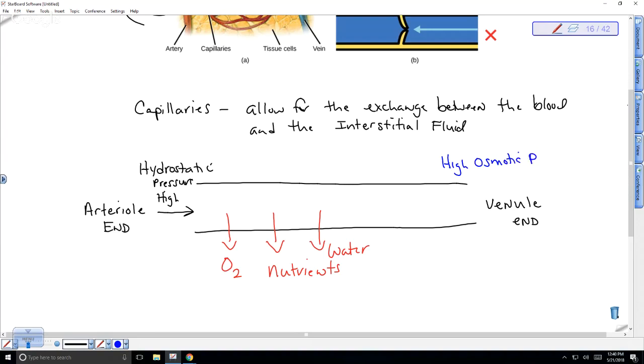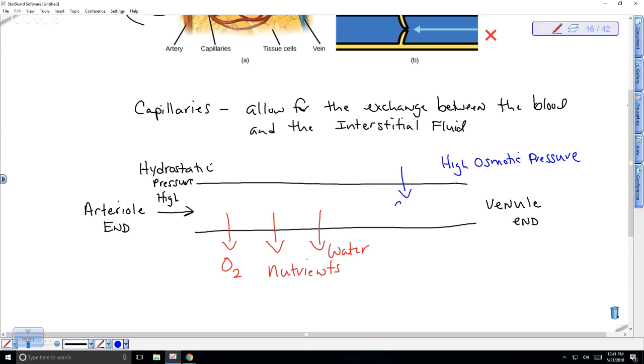It has to do with solute concentrations on the inside of the capillary. We have a protein in our blood called albumin, you don't need to know the name of it, that creates this osmotic pressure that sucks stuff back into the capillary at the venule end. So the hydrostatic pressure is lower, but we have this high osmotic pressure.